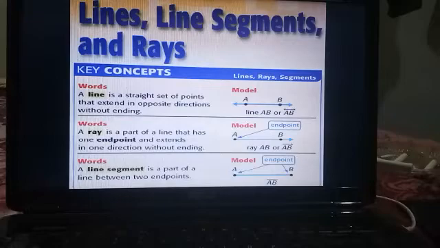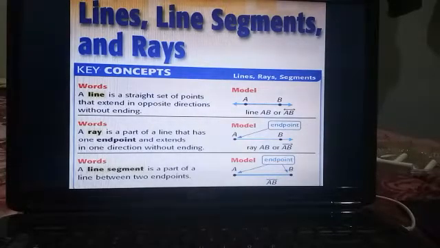Means a ray goes only in one direction up to infinity. It also has only one dimension, that is unlimited length. We can see the model of the ray, here is the ray AB starting from A and going up to direction B.